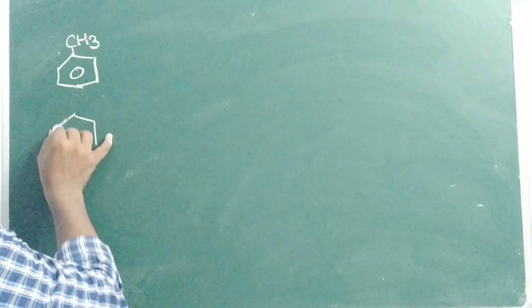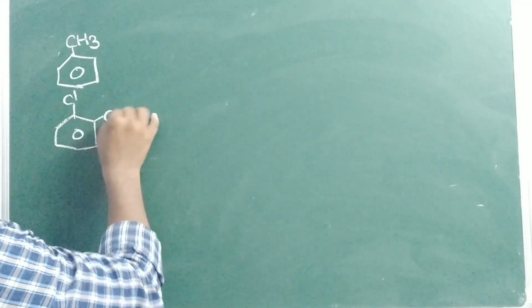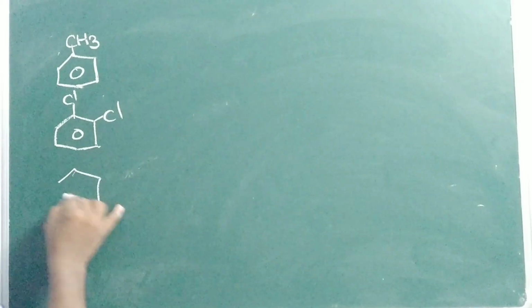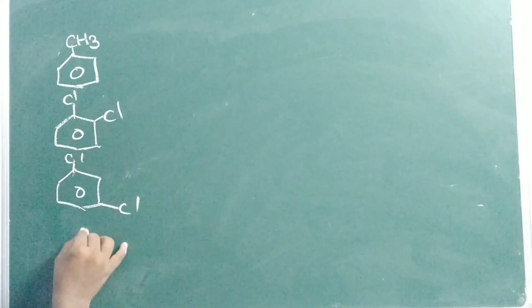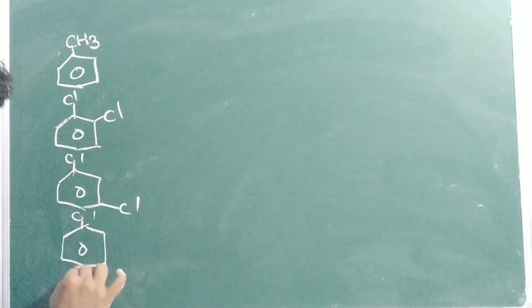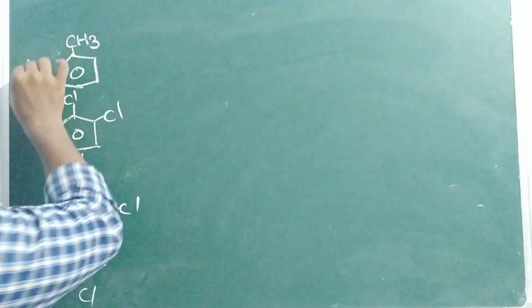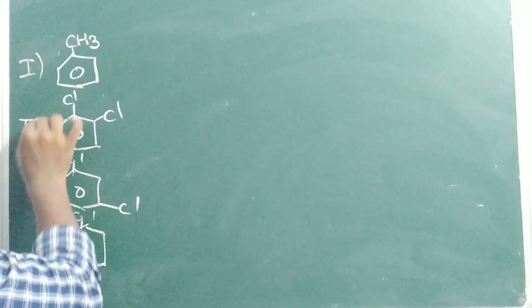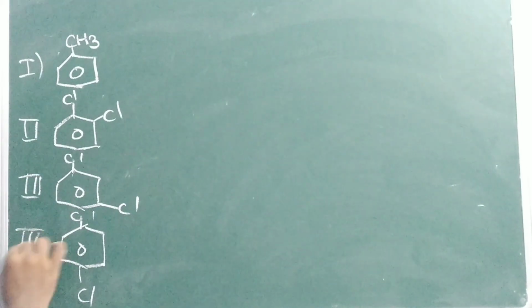The second is disubstituted chlorine at ortho, meta, and para positions. Next one, the para position. Out of these four, which has the more dipole moment? Give them names: first, second, third, and fourth.